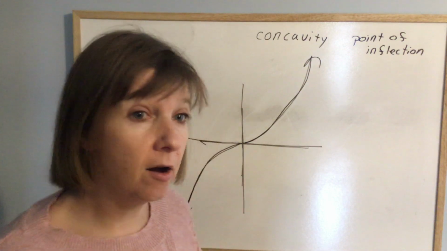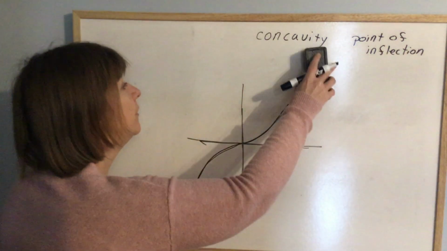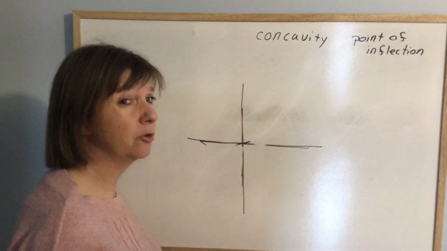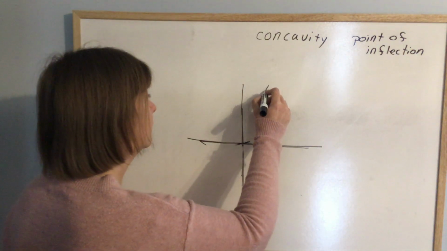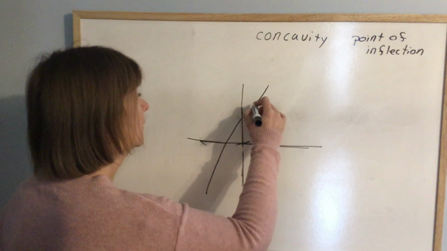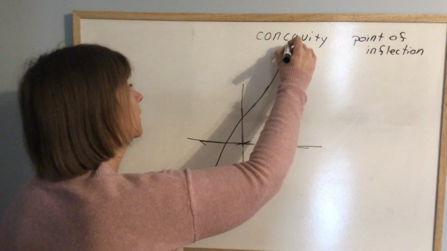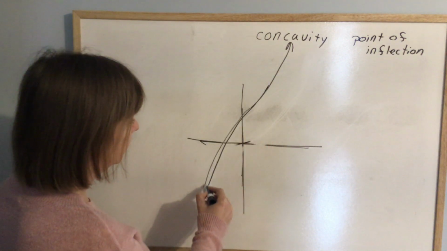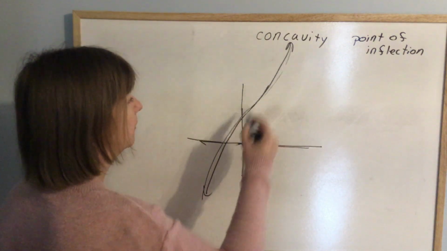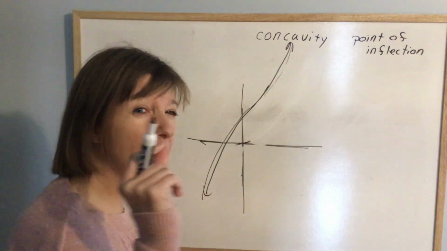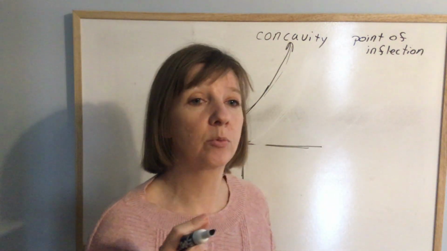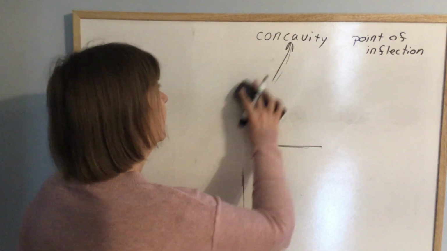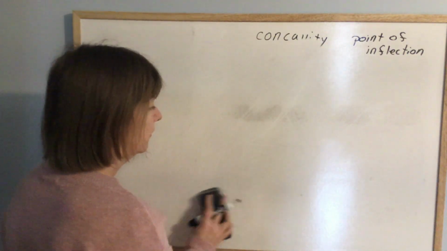By the way, on a graph, it can be very subtle. You may not even be able to identify where that point of inflection happens. It's sort of concave down here and concave up here ever so slightly, but where is that exact point where it switches? It's really hard to tell off the graph. So how do I do that? Again, there's a method for this.